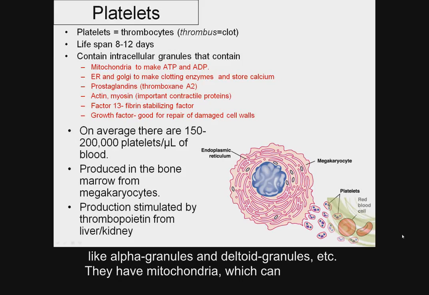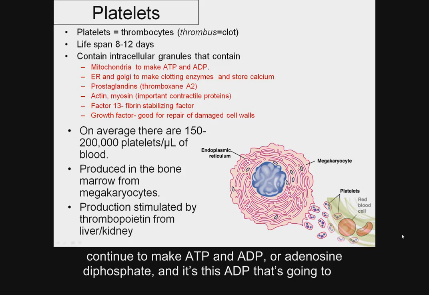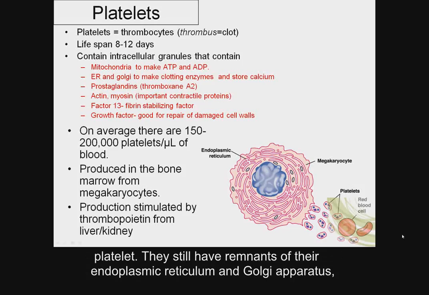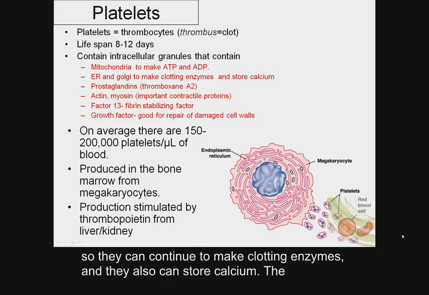They have mitochondria, which can continue to make ATP and ADP, or adenosine diphosphate. And it's this ADP that's going to be released from the granules that's going to help convert the platelets to an active platelet. They still have remnants of their endoplasmic reticulum and Golgi apparatus, so they can continue making clotting enzymes, and they also can store calcium.